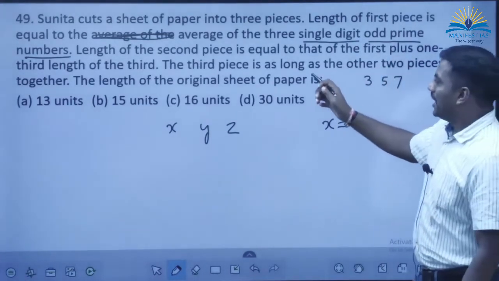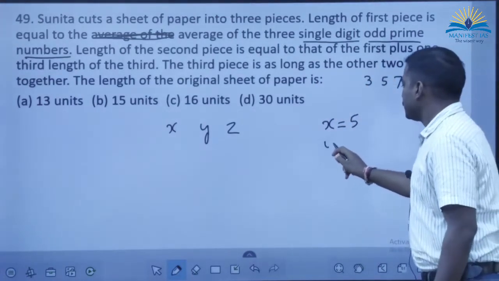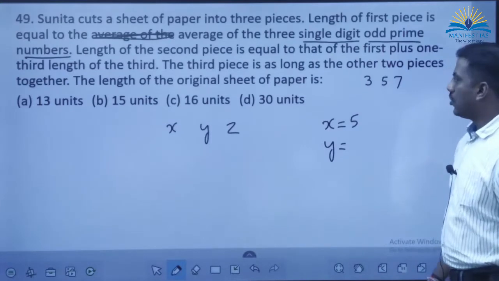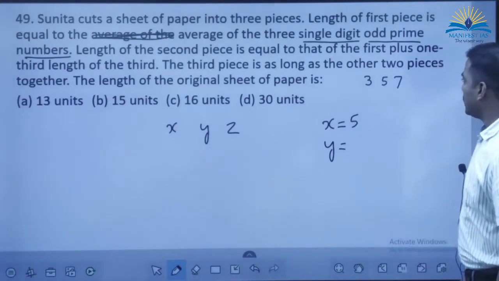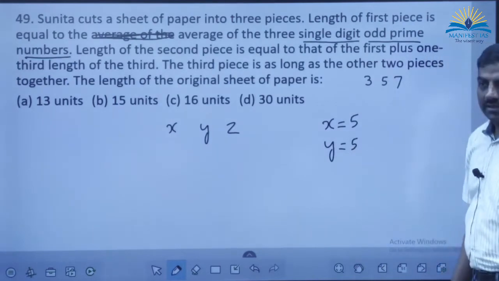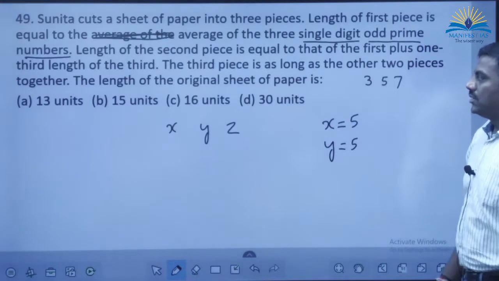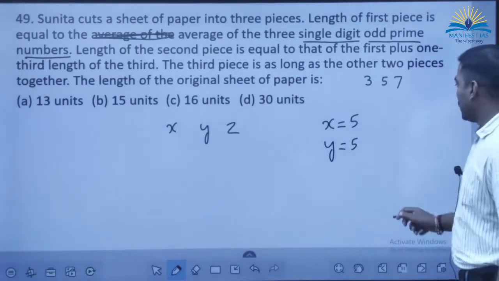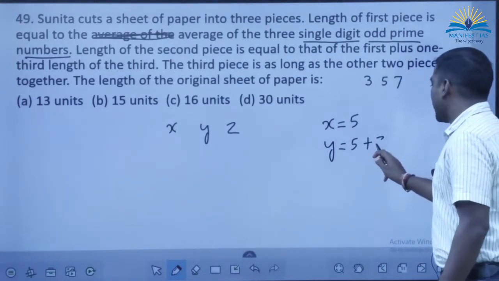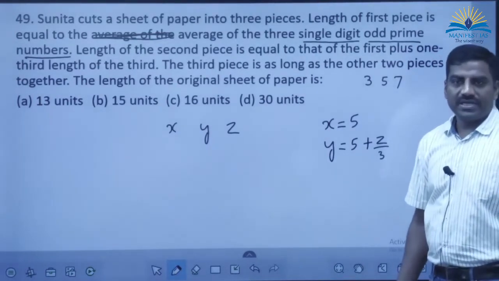Okay. Then, length of the second piece is equal to that of the first plus, first means 5, don't take X again, already we have the value, plus 1/3 of the third. 1/3 of the third. Can I write Z divided by 3?